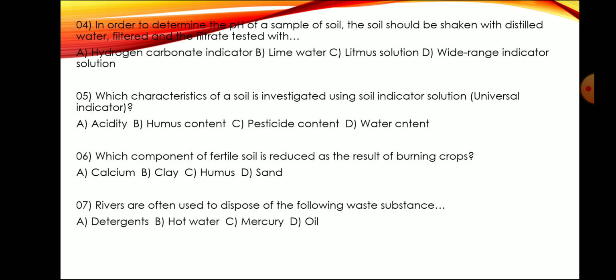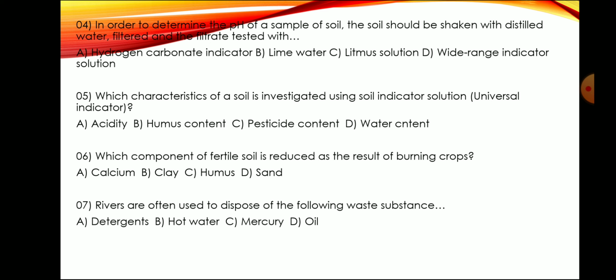So the wastes are also present in the form of detergents, mercury, oil, but commonly hot water enters the rivers on a large scale, because the industries in which the waste products are in the form of hot water are present at the bank of the rivers.